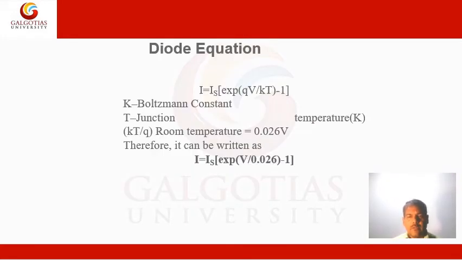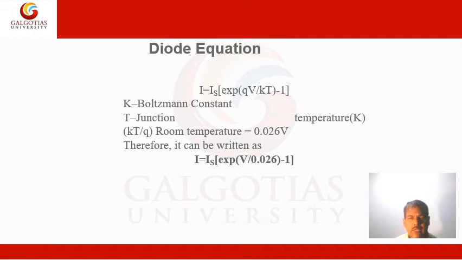Diode equation: I equals Is times exponential of qV divided by kT, minus 1. Here, Is is the saturation current, k is the Boltzmann constant, and T is the temperature of the junction.